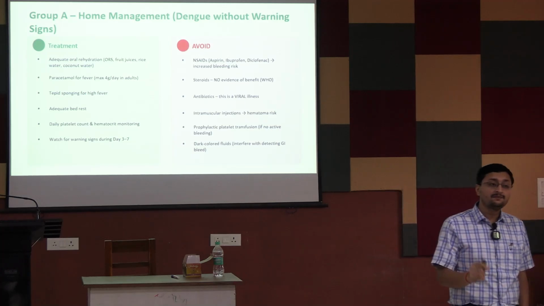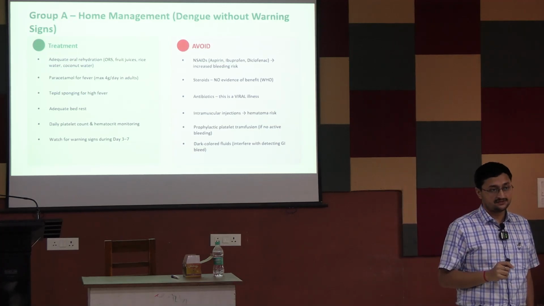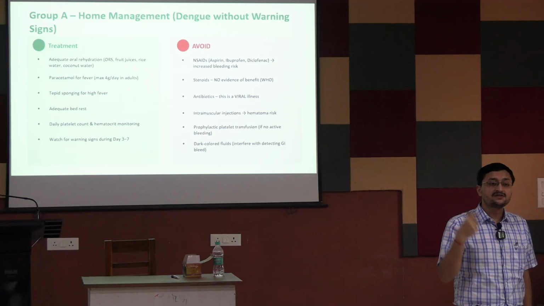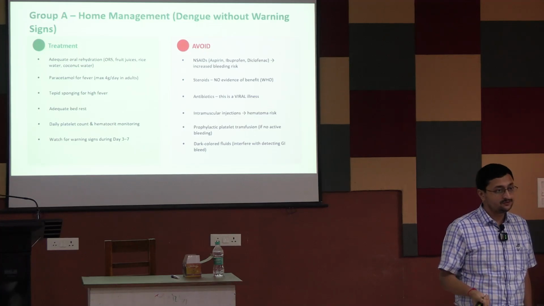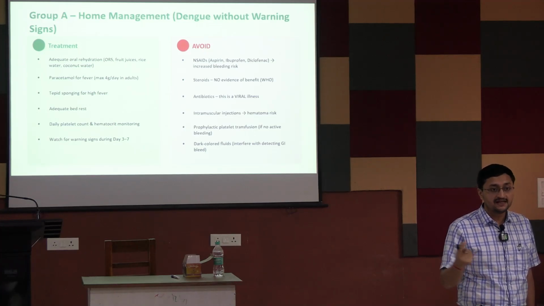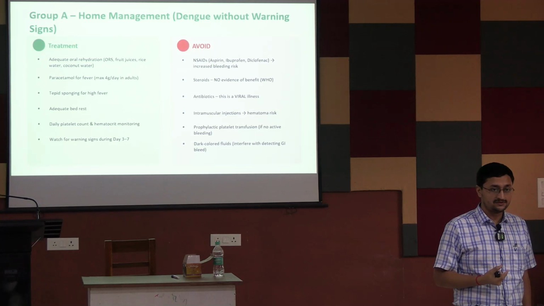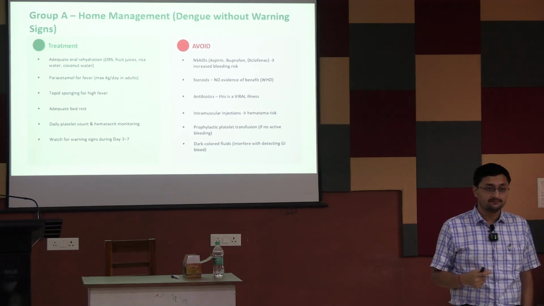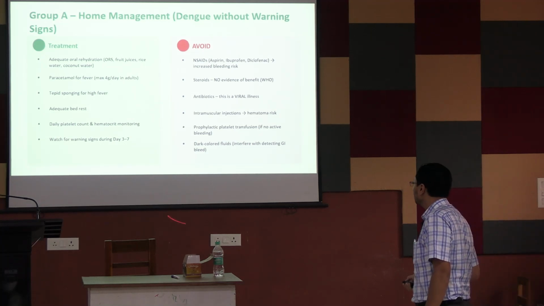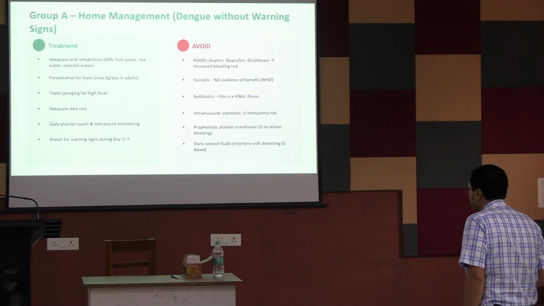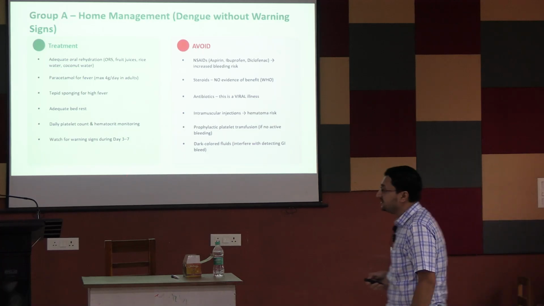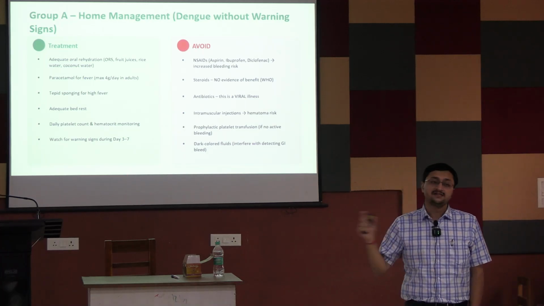And never give intramuscular injections, okay, because in dengue there is a chance of thrombocytopenia and coagulation disorder that may lead to hematoma formation if you are giving IM injections. So adequate bed rest and watch for warning signs during day 3 to day 7.